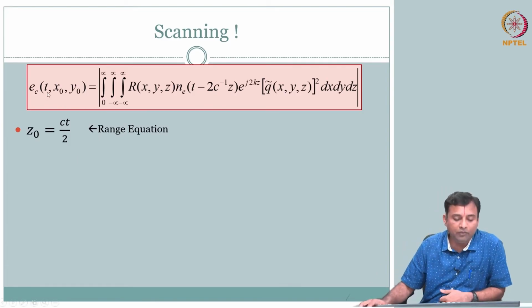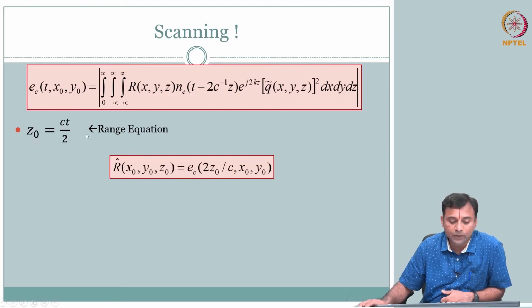So essentially what we want to write is that this echo is not just a function of t, comma x. This t, I know, I can write in terms of z naught. I can write it as a spatial quantity. So what I will do is write R hat, which is what we usually estimate.